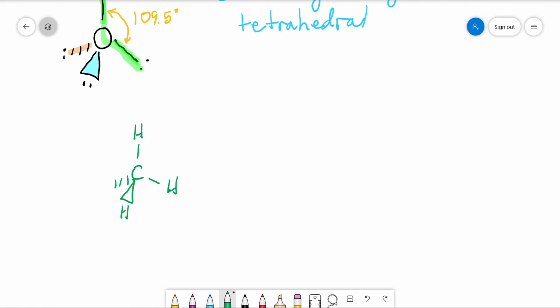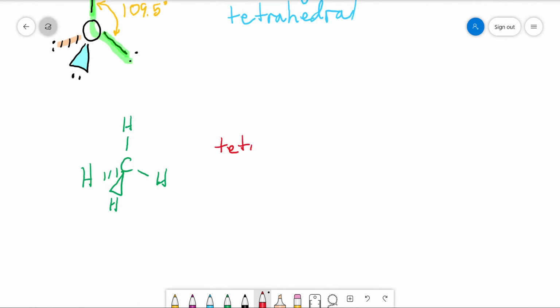And when you watch the video that has all the models in it, maybe you'll start to pick up on this. It is difficult to see it unless you can hold it in your hand. So this is tetrahedral. There's 4 things on the central atom, and they're all atoms. There's no lone pairs there.